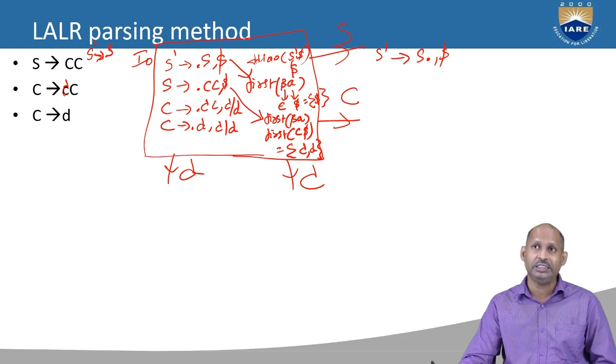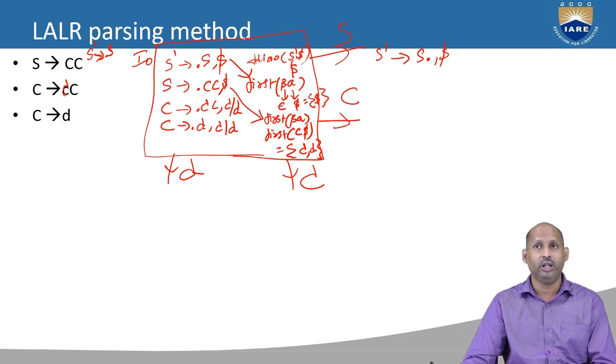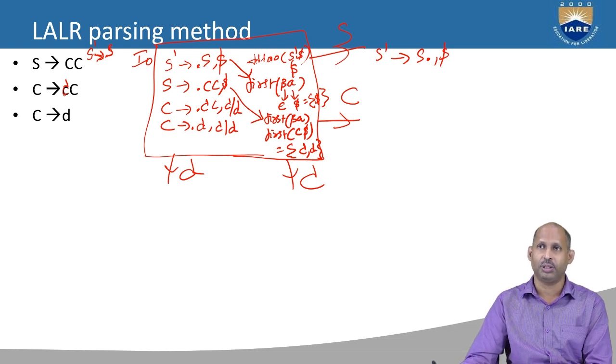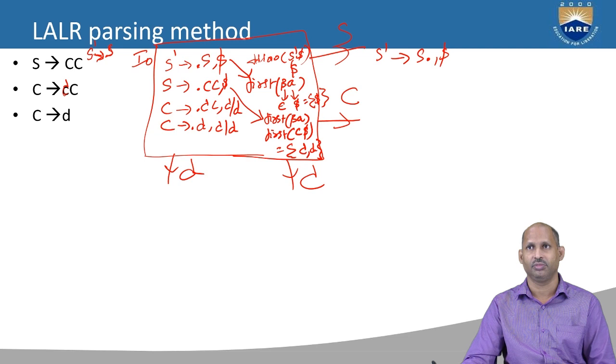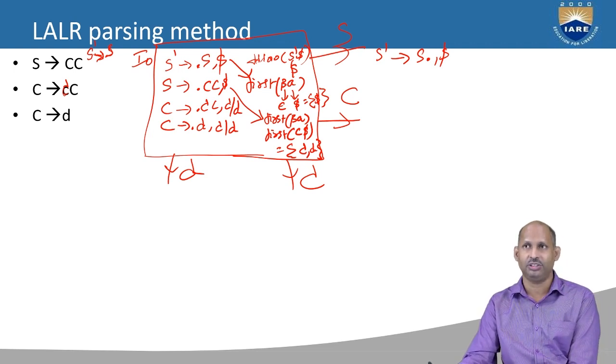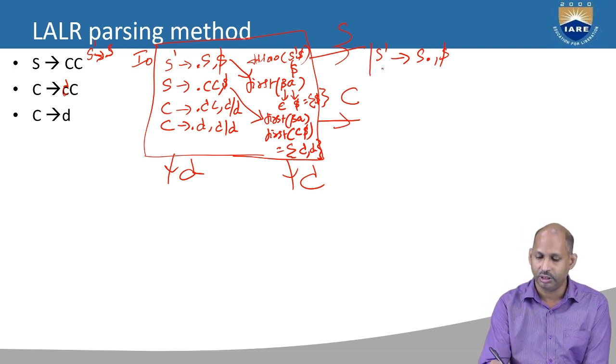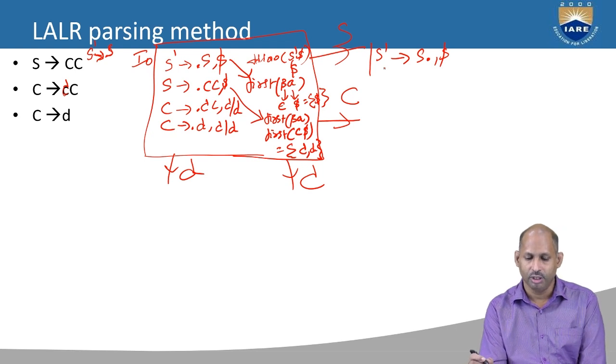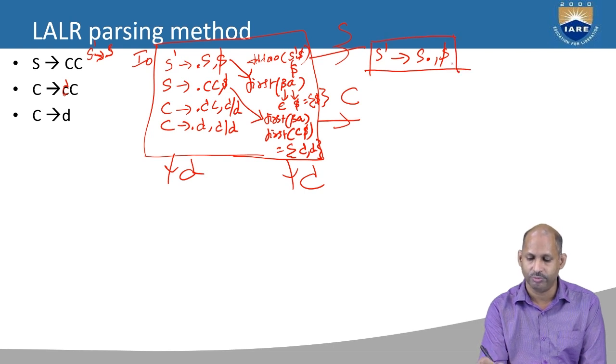When the goto operation is occurring, the dot S becomes S dot, with lookahead dollar. So this is the completion of this.